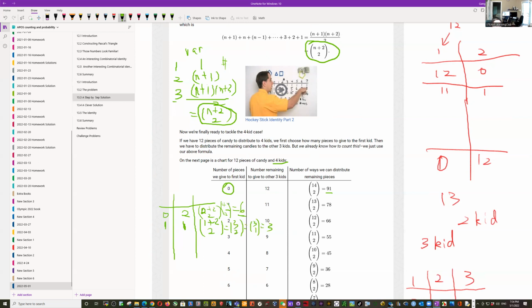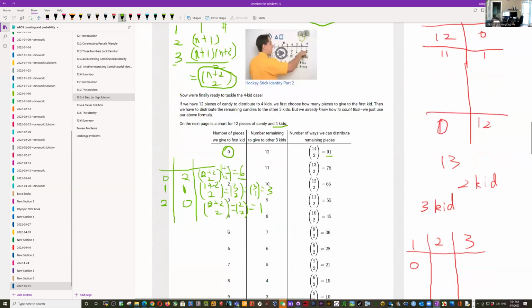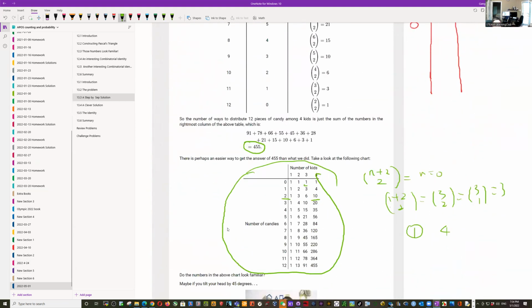Then we can also give 2 candy to the first kid, then give 0 candy to the last 2 kids. That's actually 0 plus 2 choose 2, which is equal to 2 choose 2, which is equal to 1. So 6 plus 3 plus 1 equals 10. So basically, this table is actually buildable.